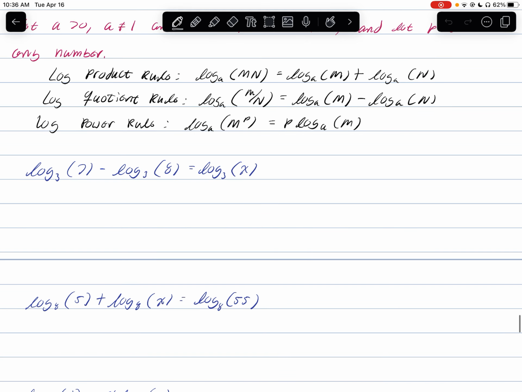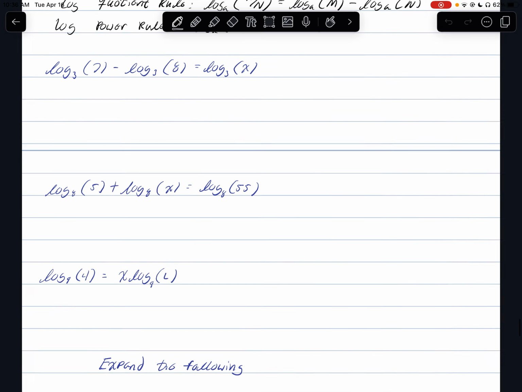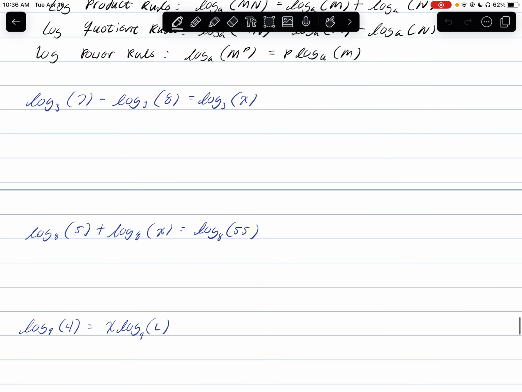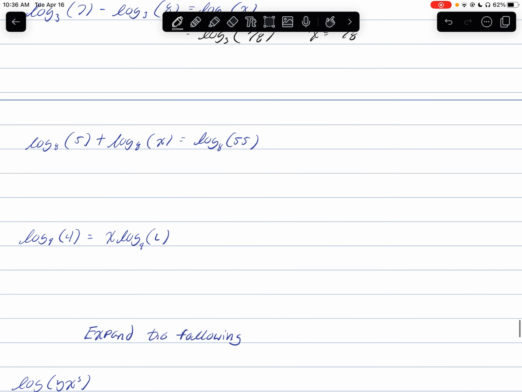The quotient rule is the one we want, so we can rewrite this as log base 3 of 7 divided by 8. So x is going to equal 7 over 8, and we get that directly from the quotient rule.